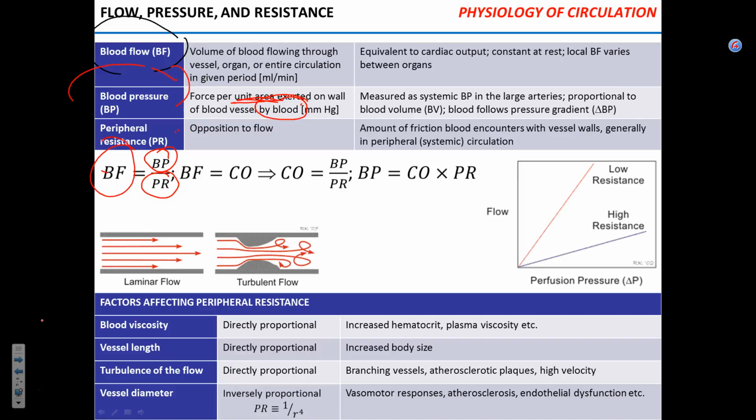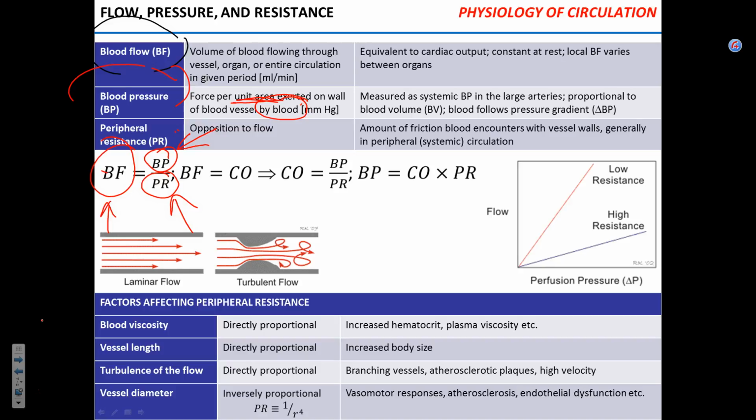If you have a weak pump, then even large pipes will not give you a good flow. What I'm trying to say is that blood flow is directly proportional to the pressure and inversely proportional to the resistance. Does that make sense? Okay?